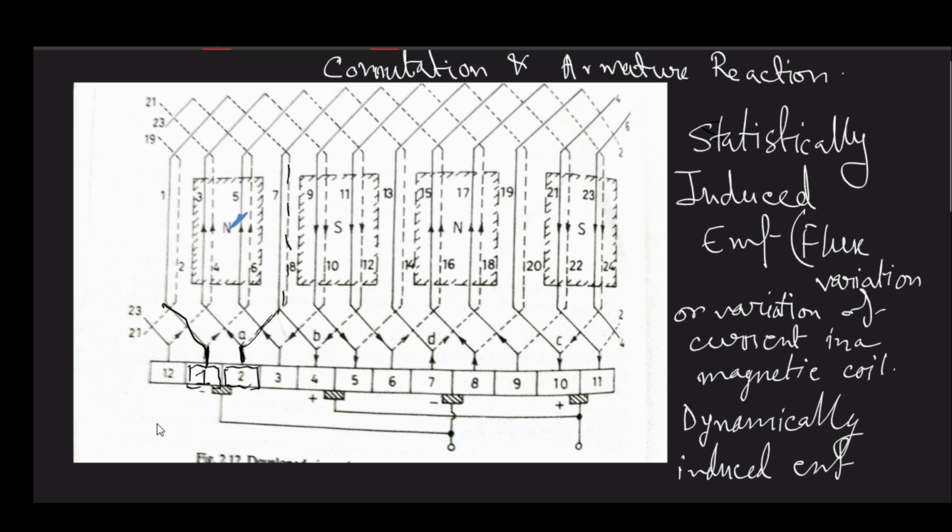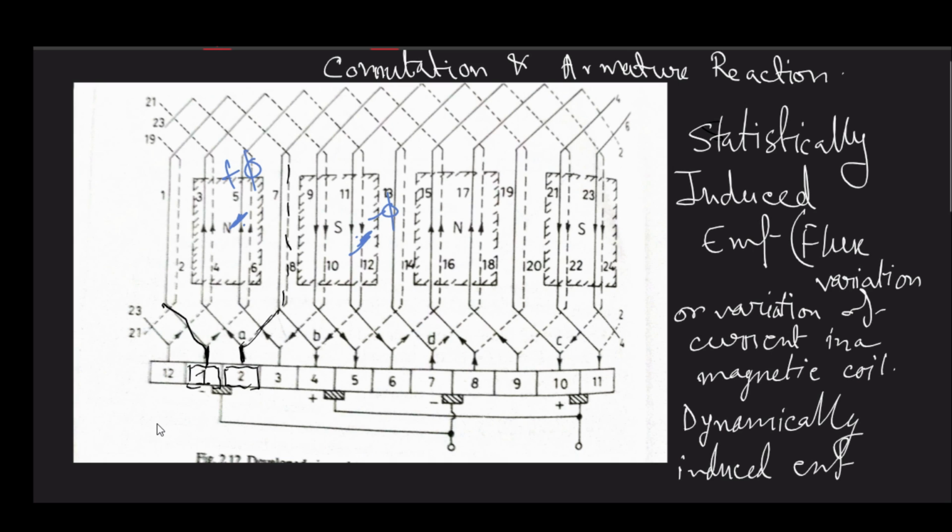It is experiencing plus, and the other terminal is experiencing minus. So what voltage will you get here? A very high dynamic voltage will be induced across this coil with sides 5 and 12.